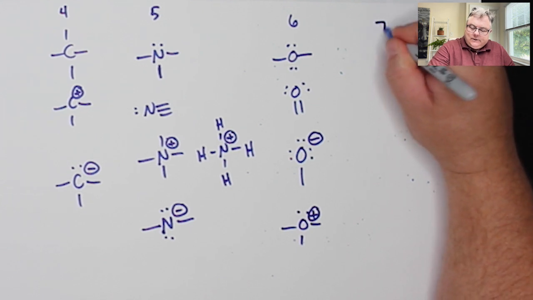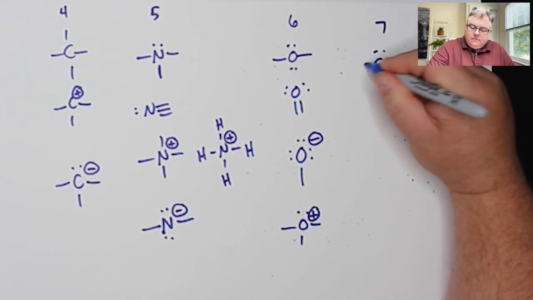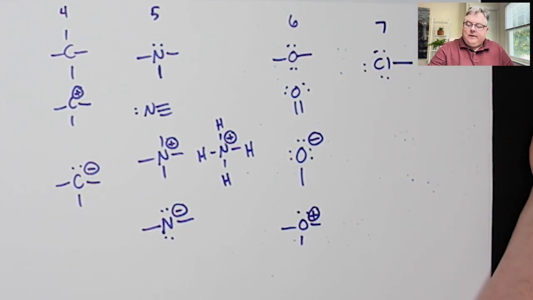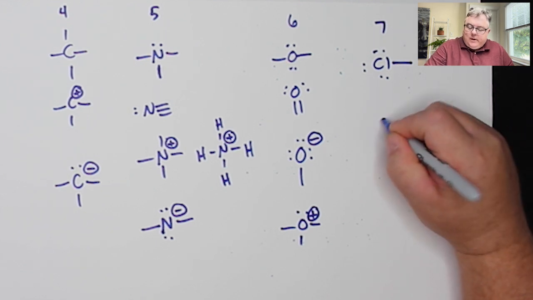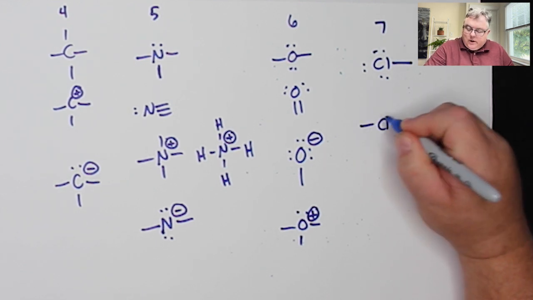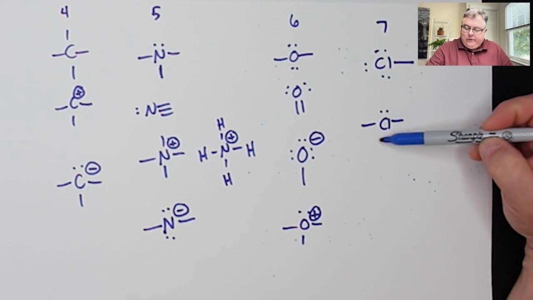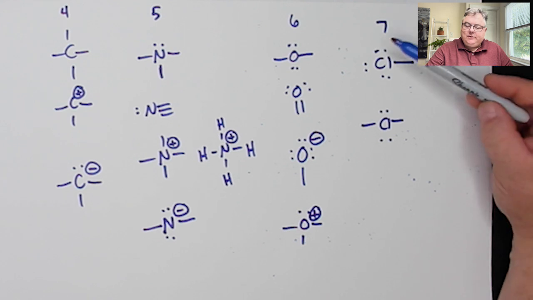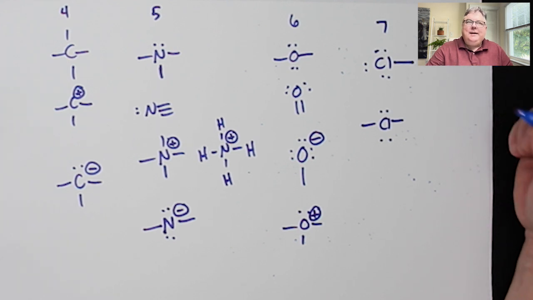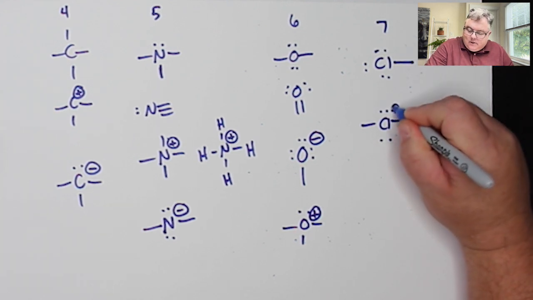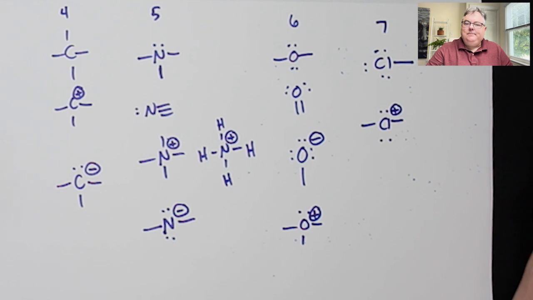And all of our halogens would look like this. That will be pretty normal for us. If you ever came across something like a chlorine with 2 bonds and 2 lone pairs, well, what would we have? 1, 2, 3, 4, 5, 6 negative electrons around it. It wanted 7. It's down a negative electron. That's a positive chlorine.